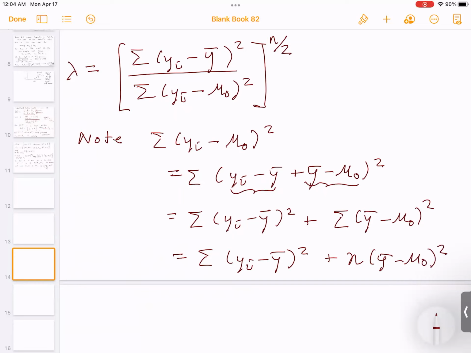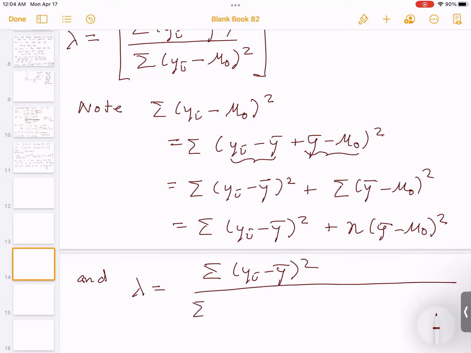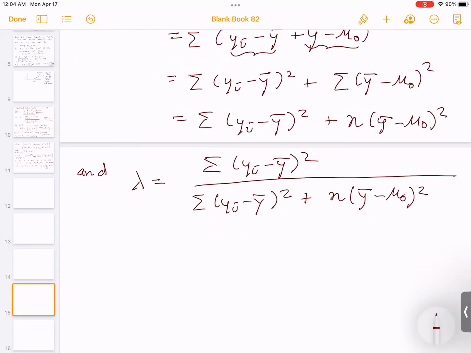Okay, so lambda, that means... One thing to notice here is this is between 0 and 1, and I have the same term here, which is going to help.